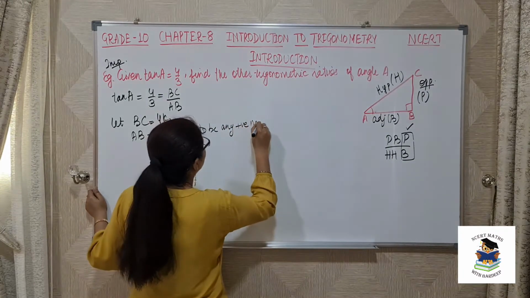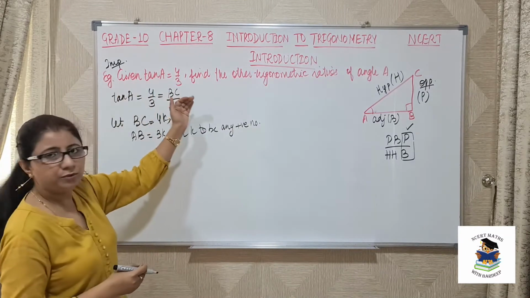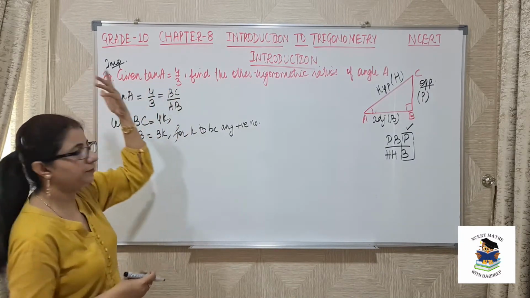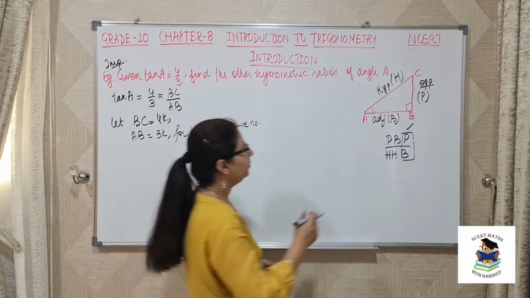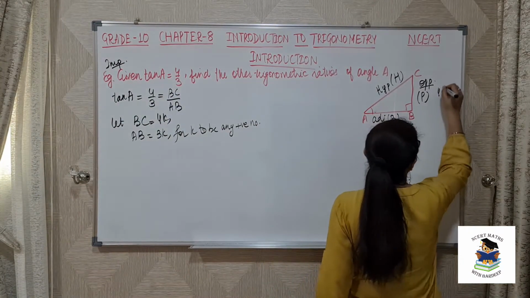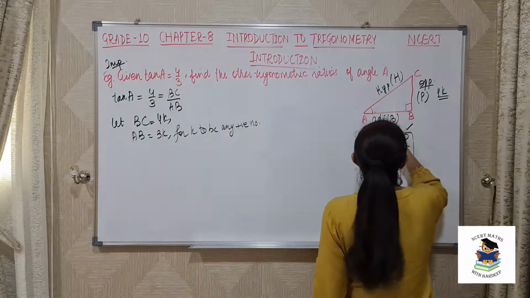Because if we take K as 2, then 4 into 2 is 8, 3 into 2 is 6, 2 will be cancelled, and we will be left with 4 by 3. So always assume like this. So BC is 4K, okay, and AB is 3K.